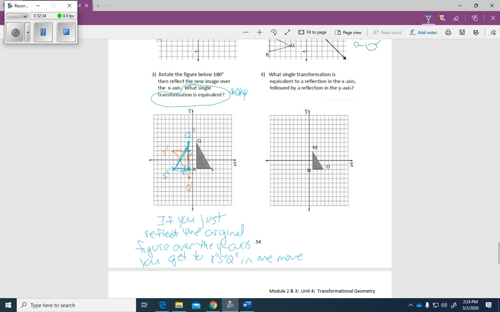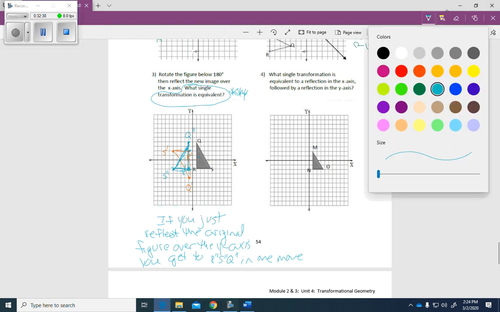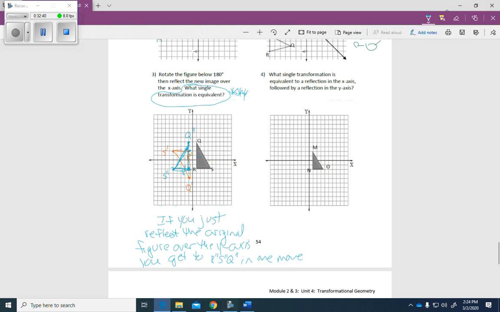So they're just asking that question. They're not really asking us to do a transformation, but this is here so that maybe we could see it better. So reflection in the x-axis would bring M to here and N here. They switch places, but O would be over here.